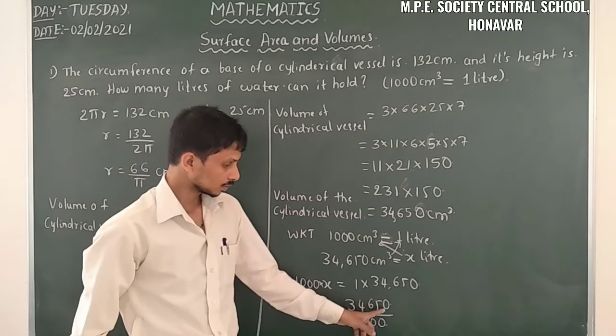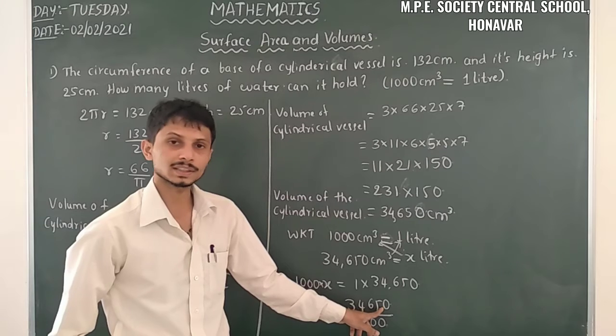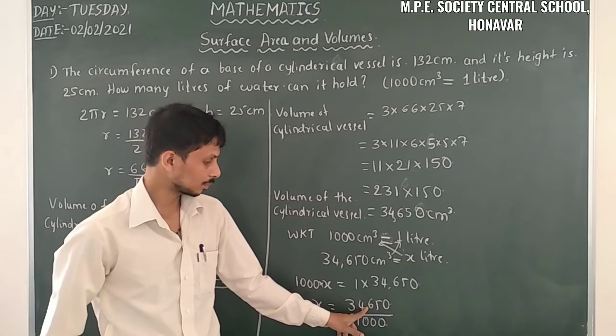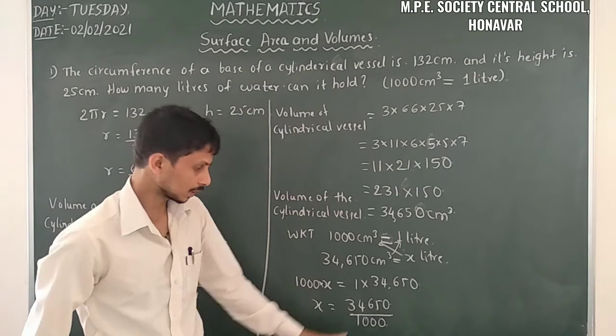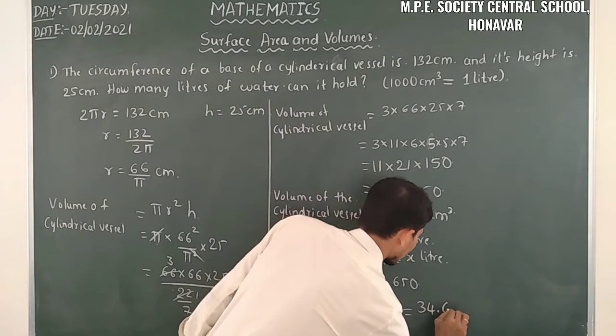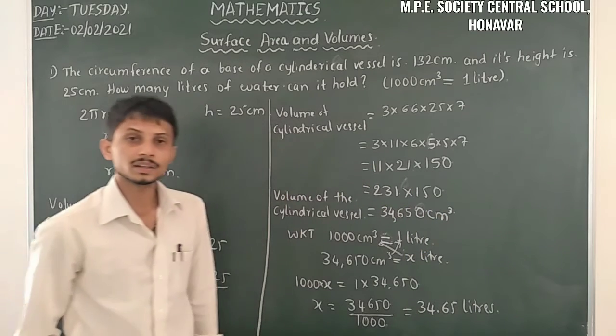For 1000, we have to move the decimal point three places, so we get 34.65 liters of water.